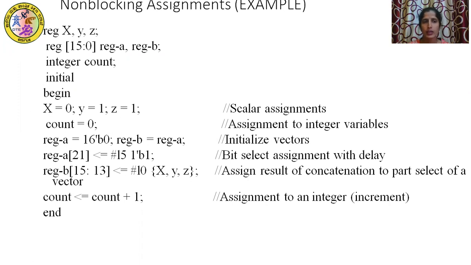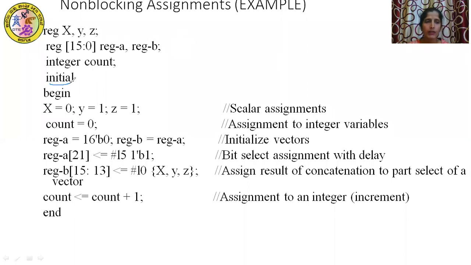Here in this example also, the example begins with the declaration of x, y, z variables of type reg, and the next statement declares register A and register B as 16-bit registers, and count here is declared as type integer.